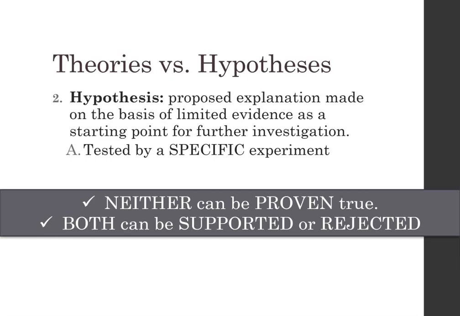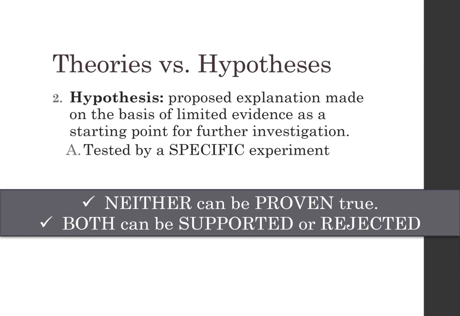It explains a very specific set of parameters, a very specific experiment. And that hypothesis might apply to other situations, but your hypothesis is very narrow, whereas a theory is very broad.